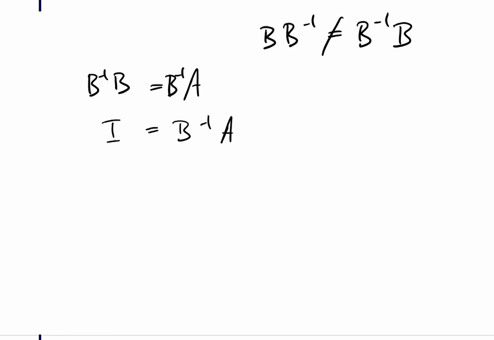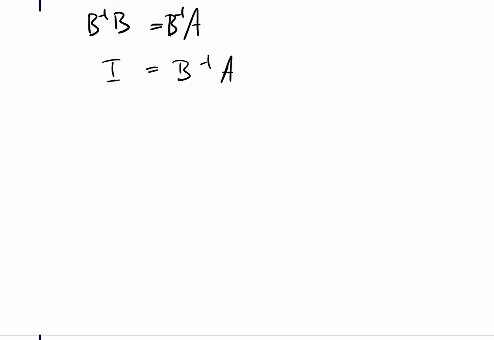Why is it the identity matrix? Well, here it's useful to think of a real number. Let's take 5, like we did in a real example, and represent it as a matrix. So here it's useful to think about 5 as a 1 by 1 matrix. Well, what's the inverse of 5? Well, it's 1/5, isn't it?